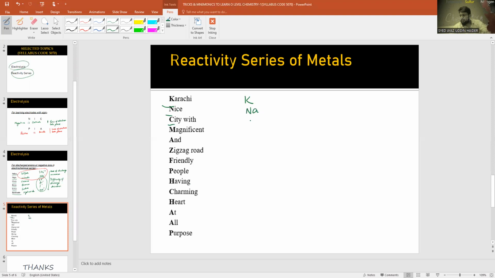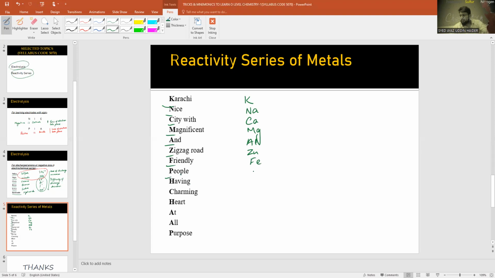City, Ca is the symbol for calcium. Magnificent, Mg is the symbol for magnesium. A, aluminium, Al is the symbol. Zigzag, Zn, symbol for zinc. Friendly, Fe, the symbol for iron.